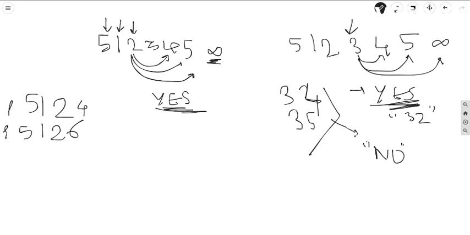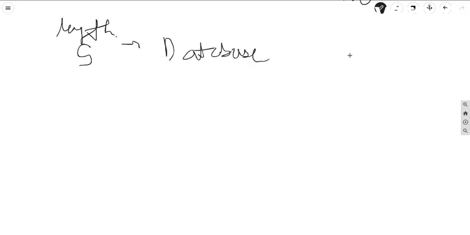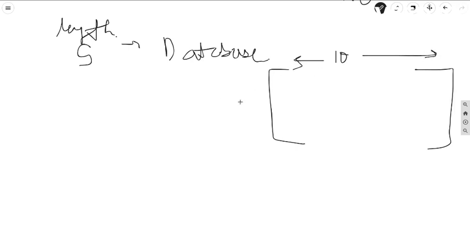So we have the password, and we have the database of length s. We will store an array, since there will be a maximum of 10 characters, and we would store the next occurrence of each of the characters.